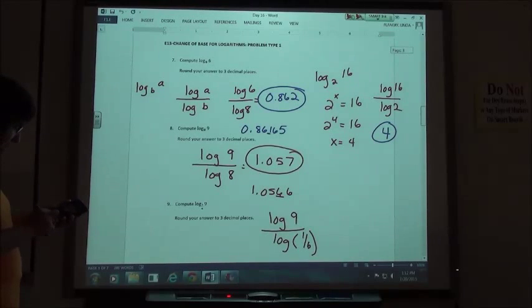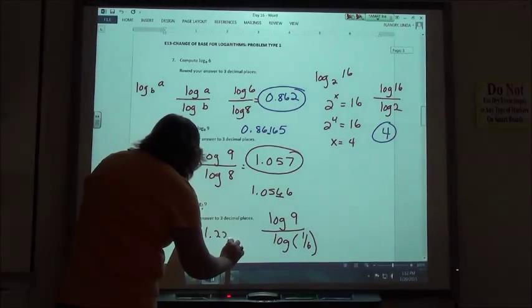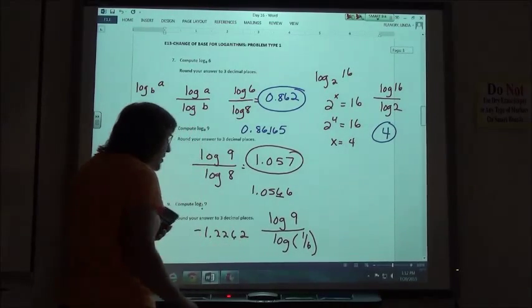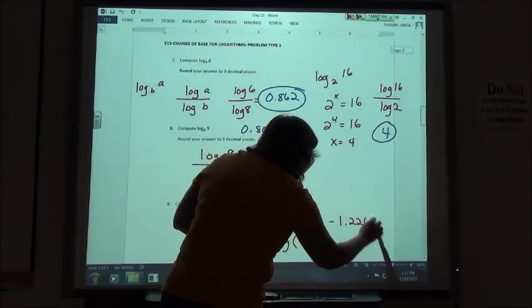So the log of 9 divided by the log, parentheses, 1 divided by 6, or 1 fraction 6. And so I end up with negative 1.2262, so to 3 decimal places, negative 1.226.